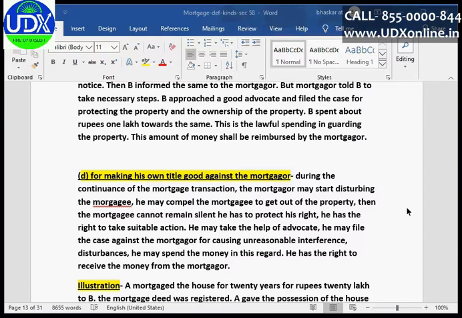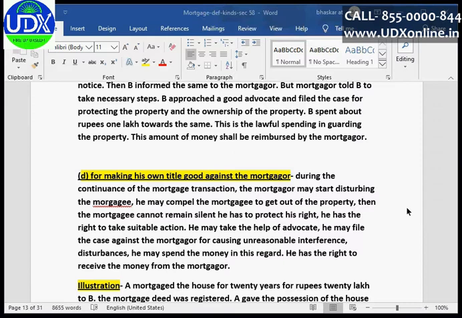You have studied so many laws by this time. Tell me, under which law can the mortgagee take the help of the court? What kind of help is the court going to give him? Come on, all of you, say one by one, what kind of direction the court may give.